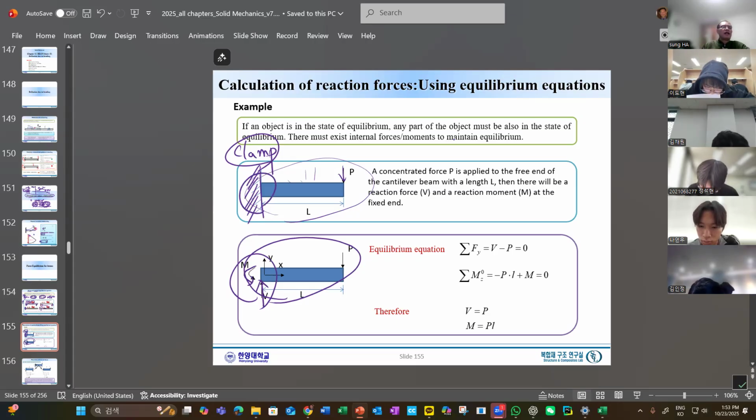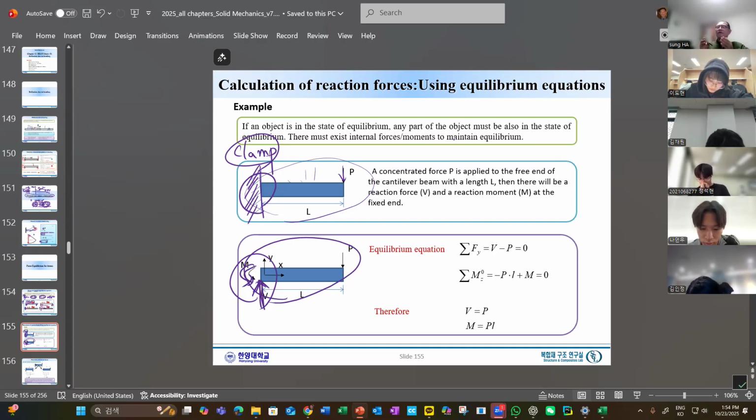So there should be some vertical load V and the reaction moment M, which are unknown. We don't know yet how much force and how much moment should occur there. How do we calculate? Well, these generate to meet equilibrium.